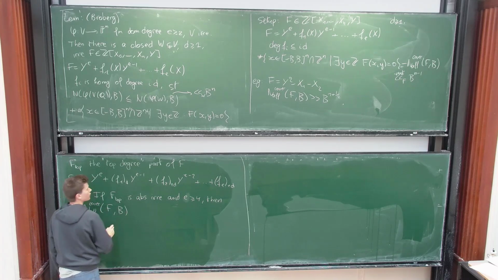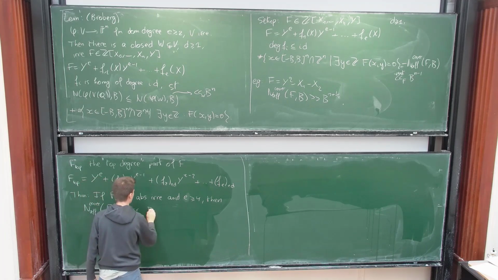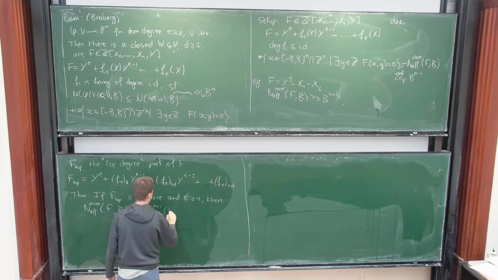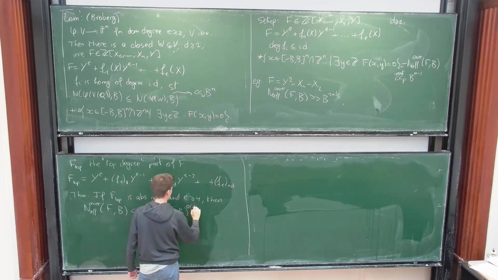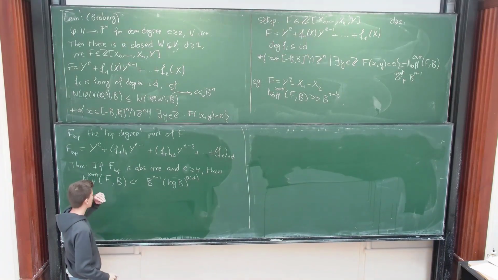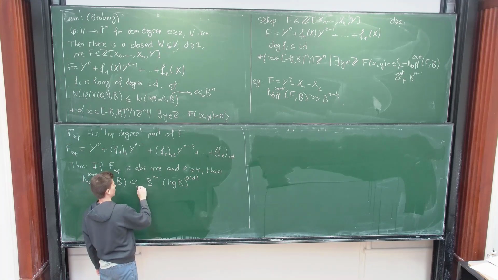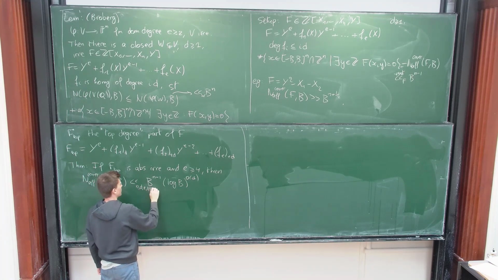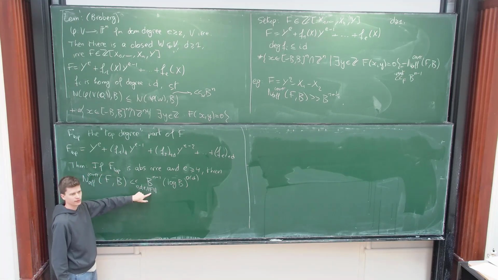Then this bound does indeed hold, namely of the form b to the n minus 1 times some power of log b. And there's an implicit constant here, which is now more uniform than before, namely it depends only on n, d, e, and the norm of f. So this means the maximum of the absolute values of all coefficients of f.